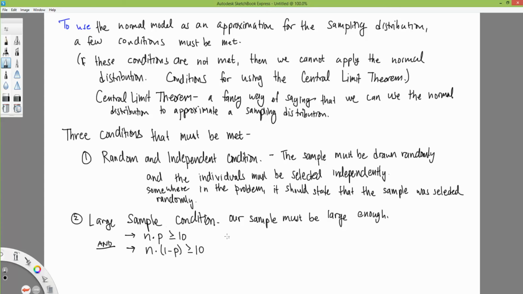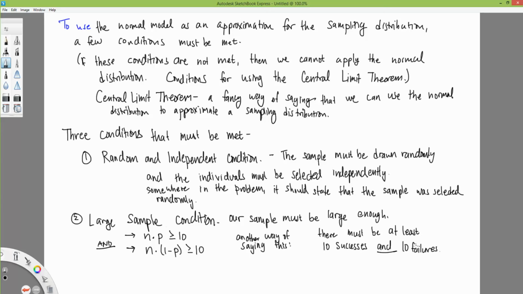Or another way of saying this, if you don't have N and P, is there must be at least 10 successes and 10 failures.